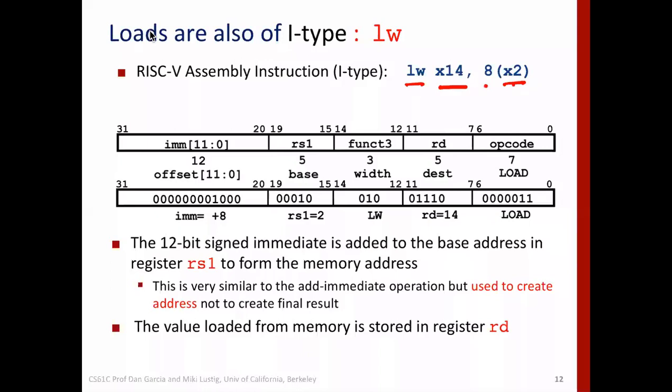So 8 is the displacement or offset. So read the contents of X2, add 8 to that, go to that memory, read the word of 32 bits and bring it to register X14. So that's all it's doing, right?